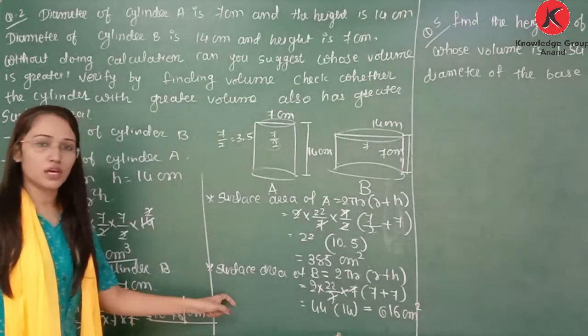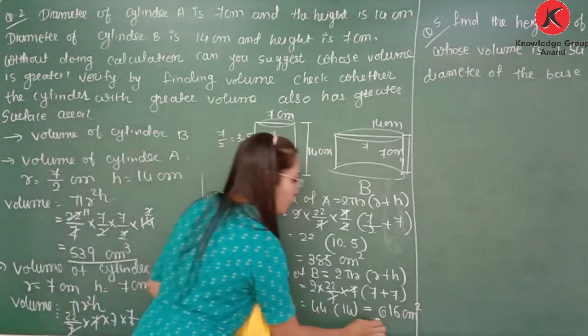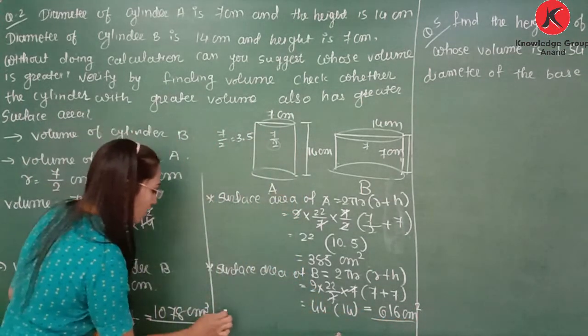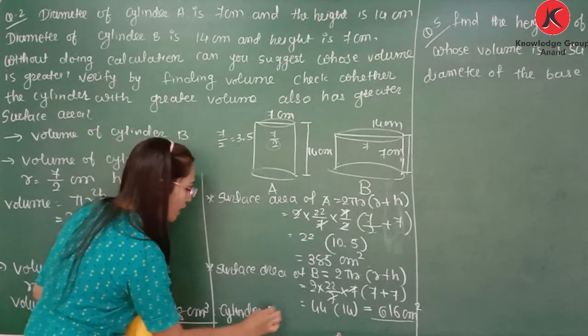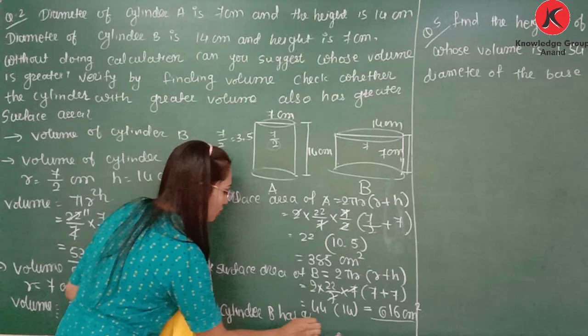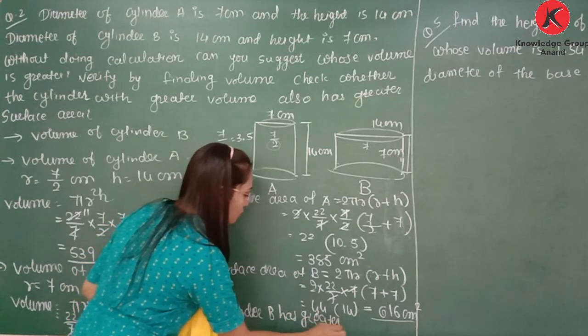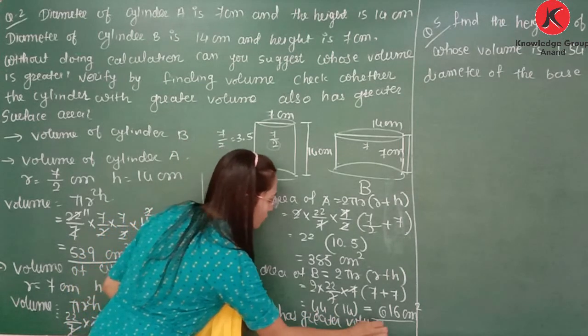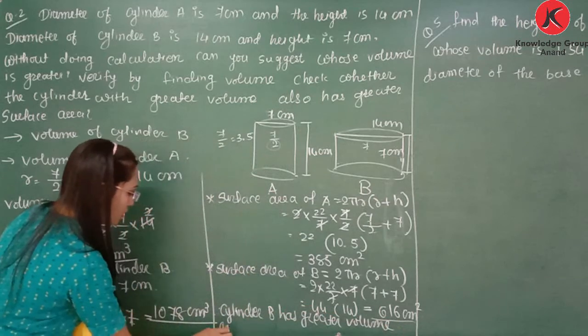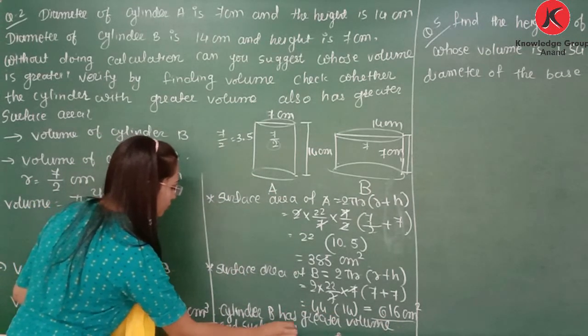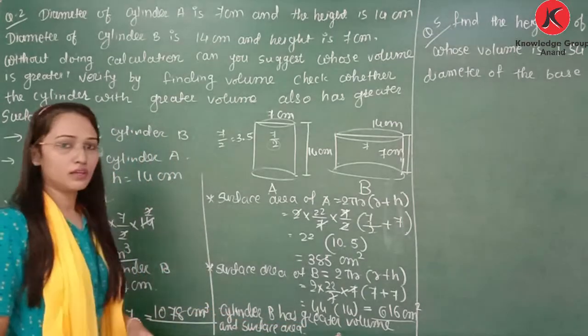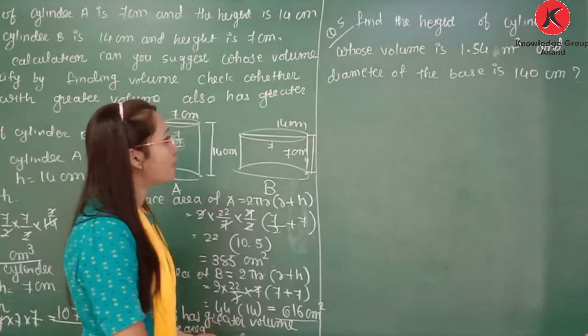So whose surface area is small? Again cylinder B. So we can write: cylinder B has greater volume and surface area. Clear?